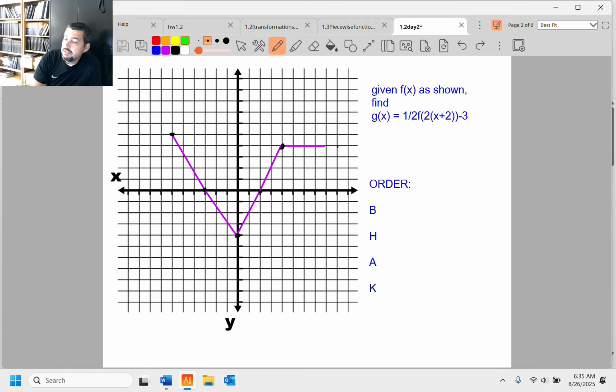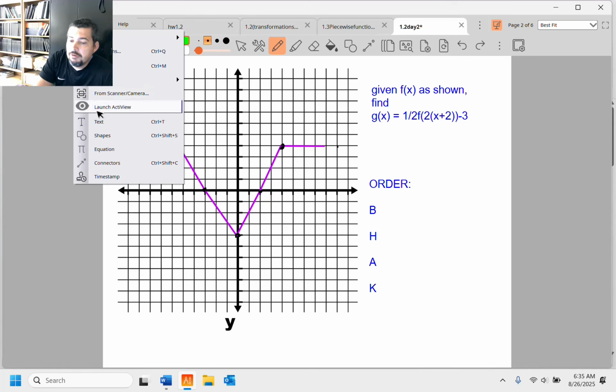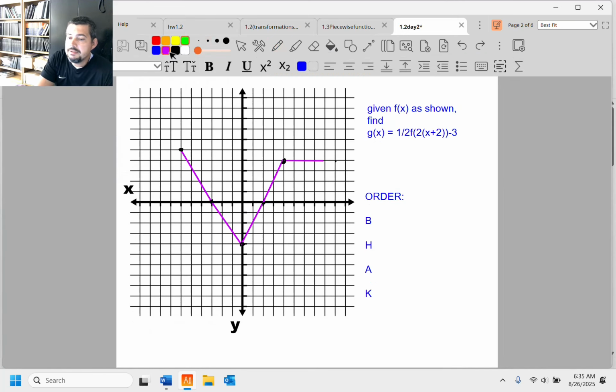It really is. All right, given f(x) is shown, find g of x, which is 1/2 of f times 2 times x plus 2 minus 3. So let's do a lineup process with our form, and let's pick out the things that we're going to pull from it. We're going to line it up with a f of b times x minus h plus k, and pick out our stuff.